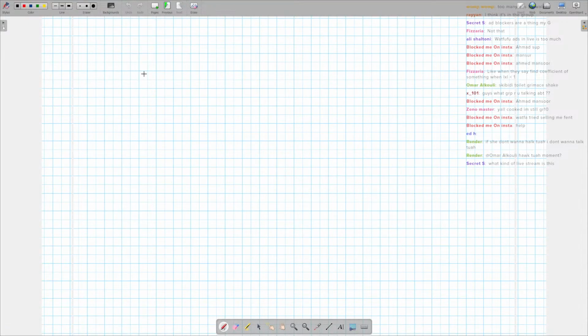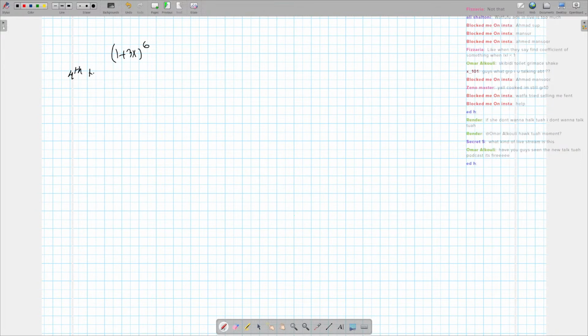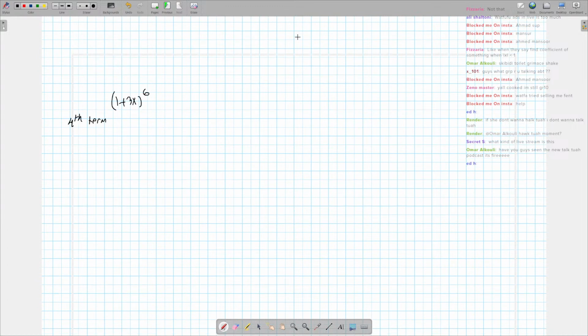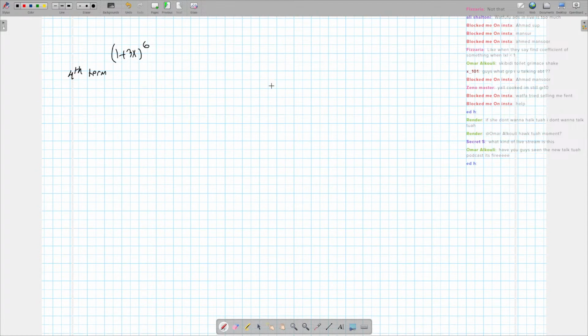In the CA, they gave you (1 plus 3x) to the power of 6 and asked what is the fourth term. Then they asked for the coefficient of x to the power of 5 in (3x plus 2 over 3) to the power of 8.